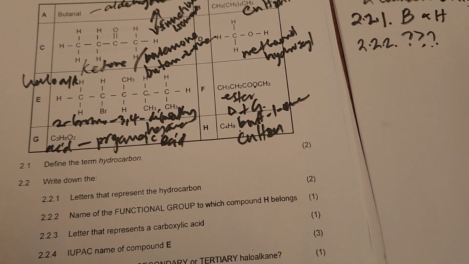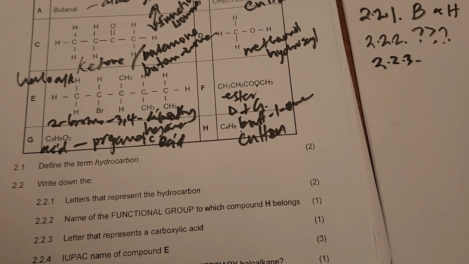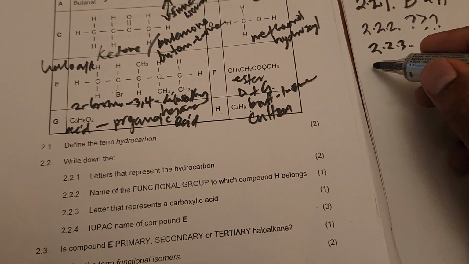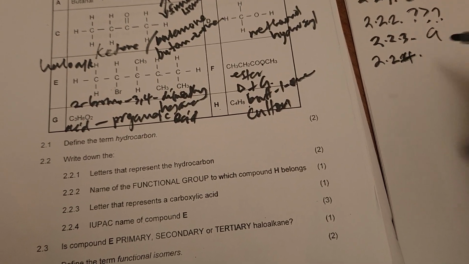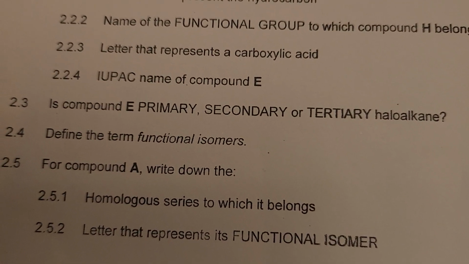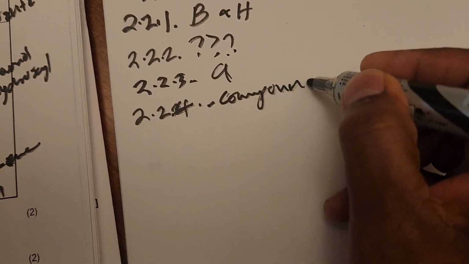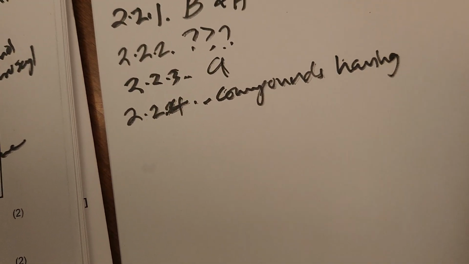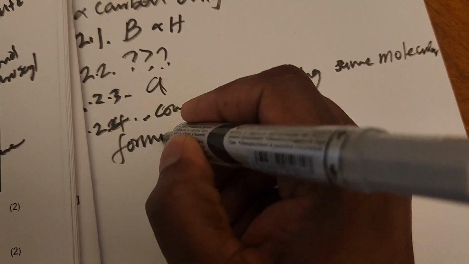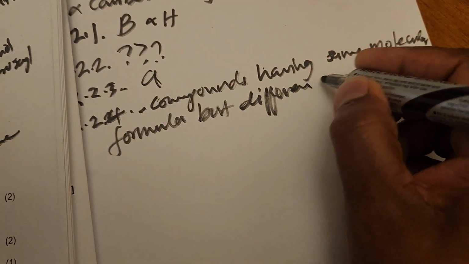We don't have a functional group name in alkenes. 2.2.3, the letter that represents a carboxylic acid, obviously is G. 2.2.4, then we have define the term functional isomers: compounds having the same molecular formula but different functional groups.